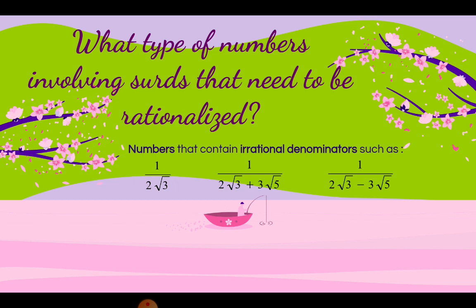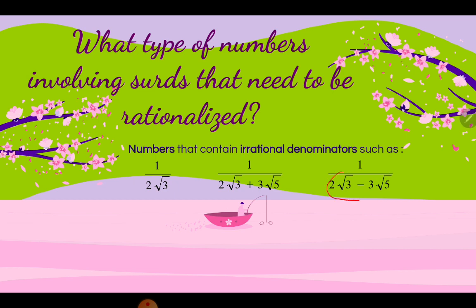So these are some of the examples, and when you see this type of question, we need to rationalize the surds, because as you can see, the surds here are at the denominator.